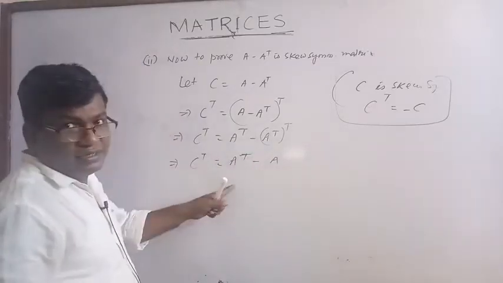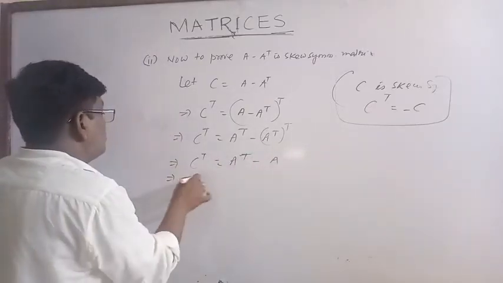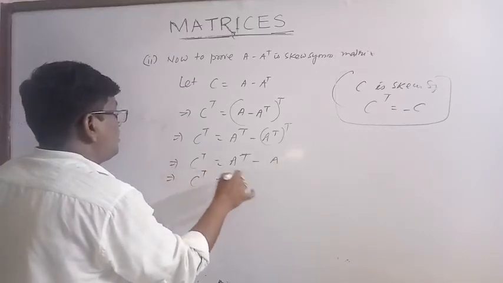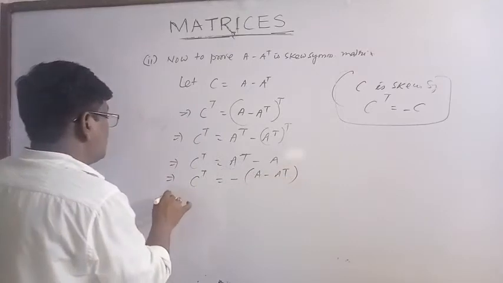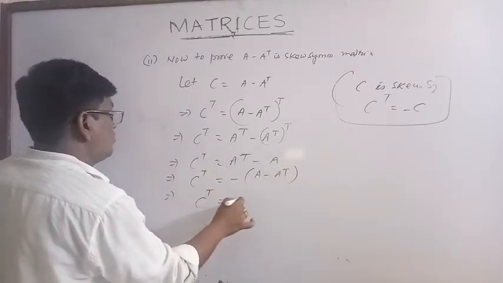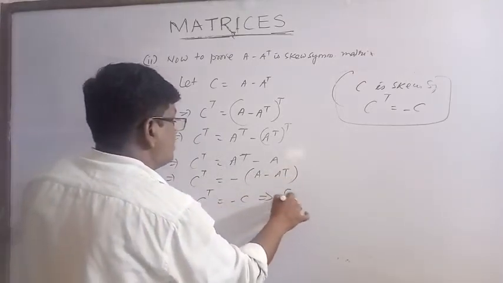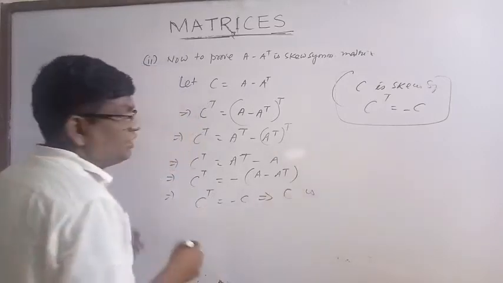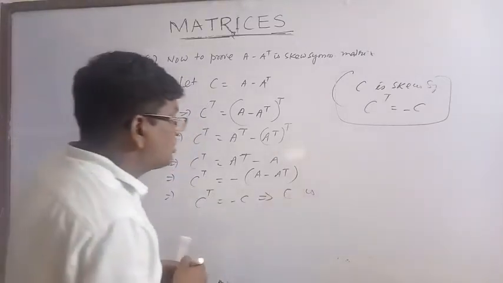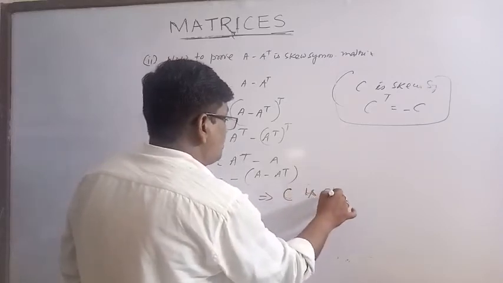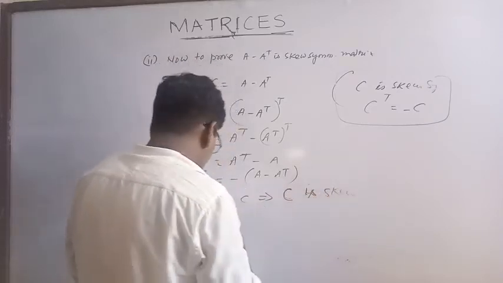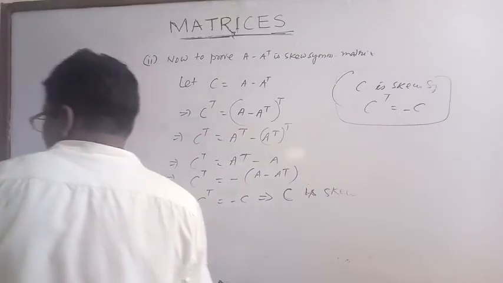So C transpose is equal to minus C. That implies C is a skew symmetric matrix.